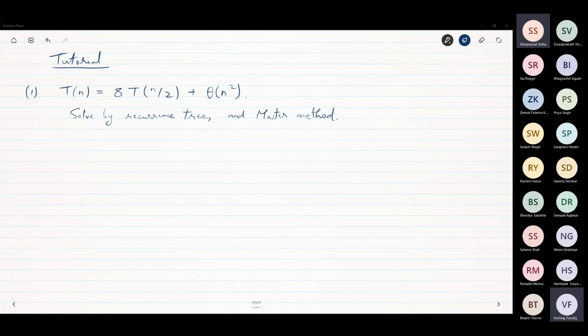How can you not take? What does master theorem tell? You said you applied second case. Yes, sir. So if f of n is theta of n to the log a to the base b, then t of n is what?